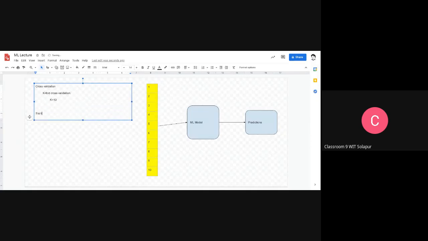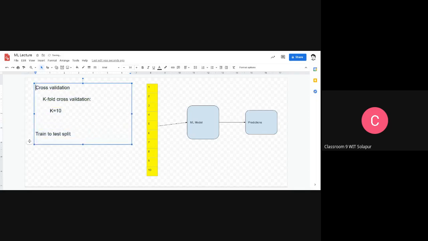Now when I say my train to test split is 70 is to 30, earlier I used to say 70% of data is for training and 30% for testing. Now it means that 7 parts of data are used for training and the remaining 3 parts, so 7 is to 3.